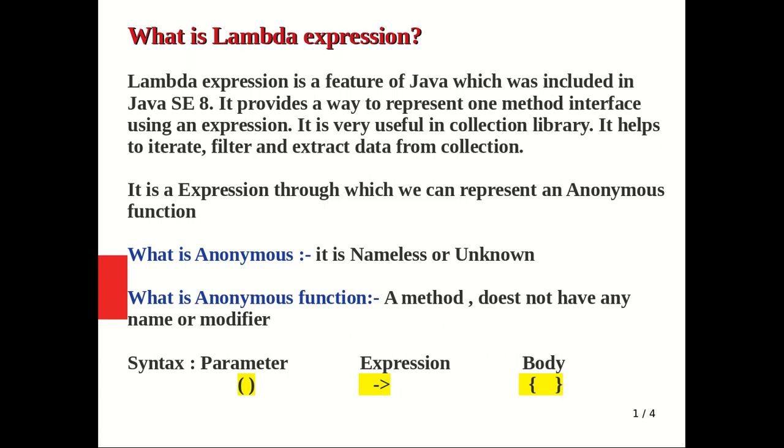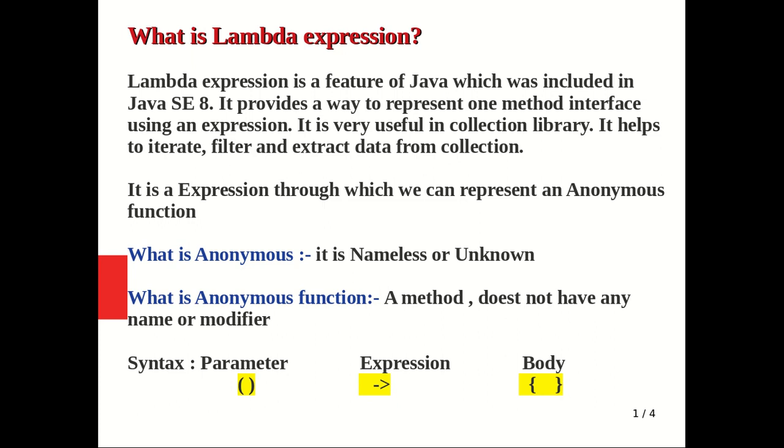A Lambda expression is an expression through which we can represent an anonymous function. Here the word anonymous means anything which does not have a name. So it is a nameless or unknown thing.